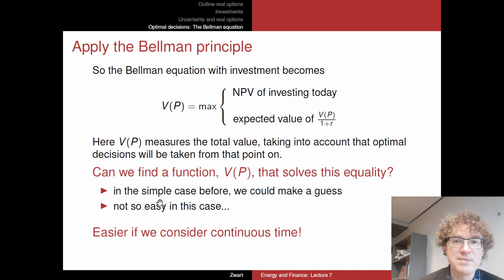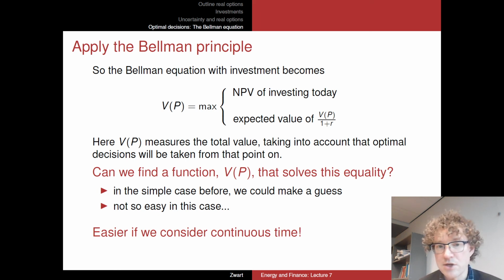So this V of P measures total value, but taking into account that in each stage we will make the optimal decision. So at t equals 0, we will make the optimal decision. We choose the maximum here. Likewise, if we wait, at t equals 1 we will again take the optimal decision. So this V of P tomorrow, or next year, again involves taking a maximum over, at that point, making the investment, or again waiting.